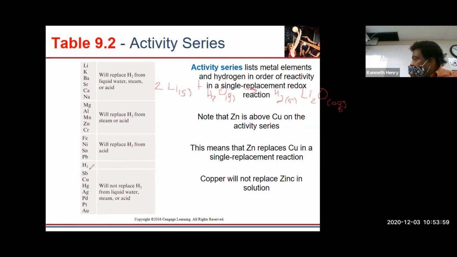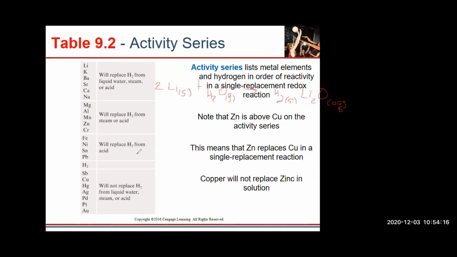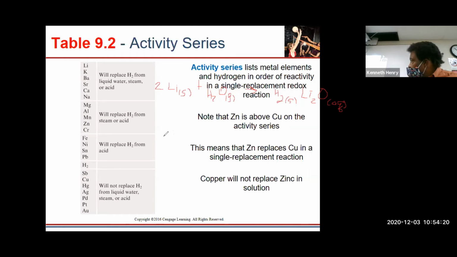And then these guys, since they're under the hydrogen, aren't going to be able to replace it at all. Do you guys get that? Kinda. Okay, so let's say we have this.